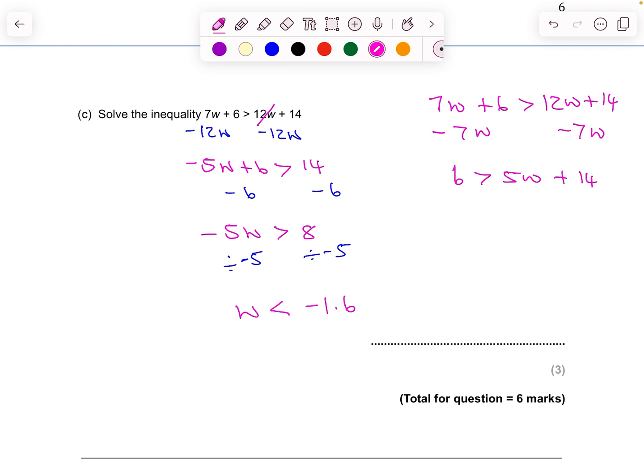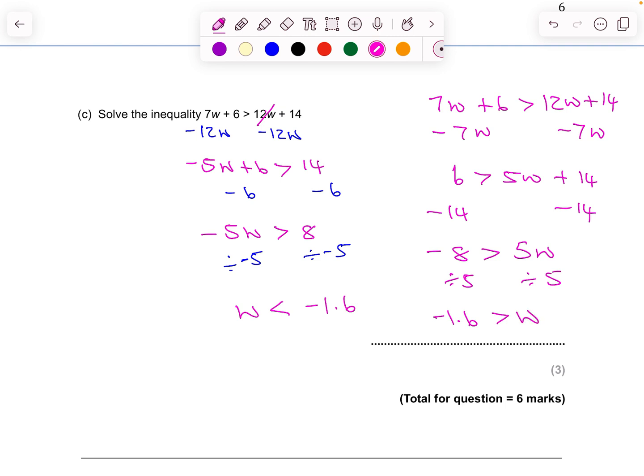Then you could have taken away 14 from both sides, which gives you minus 8 is greater than 5w. And then you divide both sides by 5. Now, because you're dividing by a positive number, you do not need to change the sign around. So that becomes minus 1.6 is greater than w.